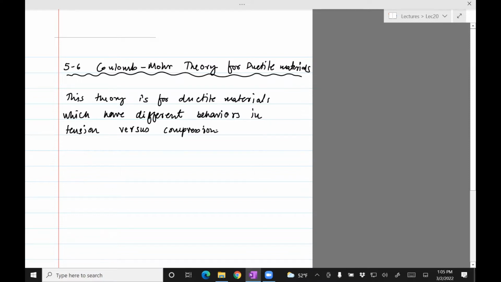So theories in the past did not look at materials if they had different stresses in tension and compression. So let's assume that Sc and St are yield strengths in compression and tension respectively.